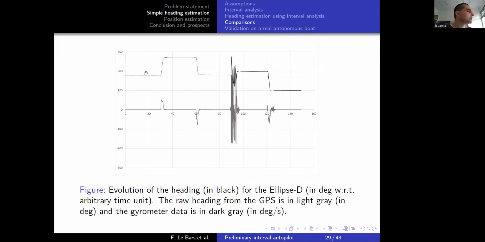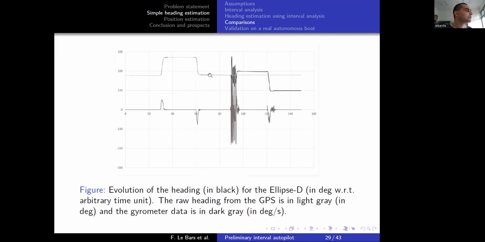In the beginning, we are towards the south, so the GPS and the final heading estimation are the same. Then we turn towards the east, so here also we are in nominal situation, so everything is okay.